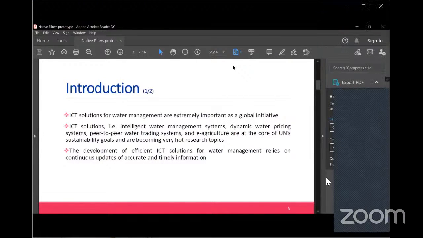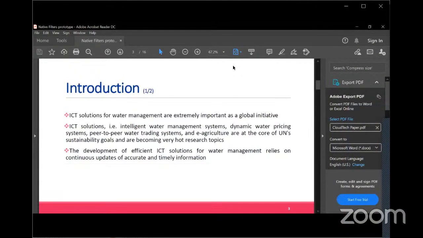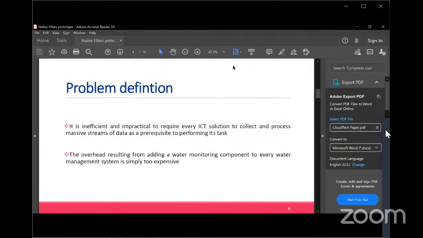The development of efficient ICT solutions for water management relies on continuous updates of accurate and timely information. It's inefficient actually and not practical to require every ICT solution to collect and to process a huge amount of data streams in order to perform a specific task or to reach the goal. The overhead resulting from adding a water monitoring component to every water management system is simply too expensive.